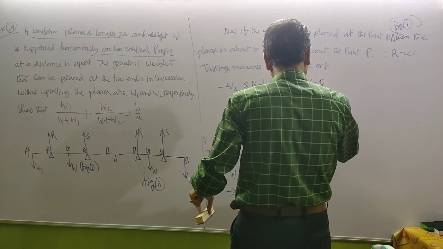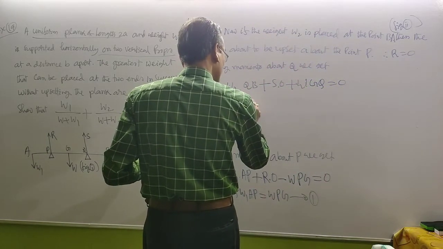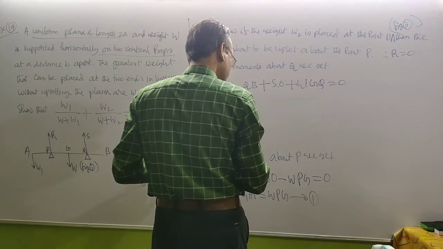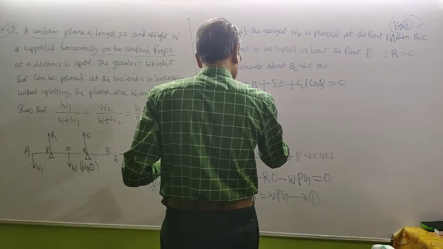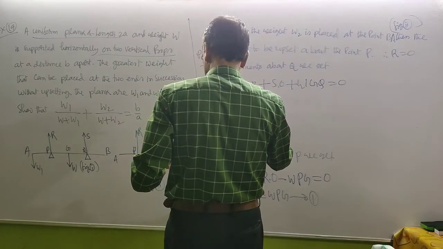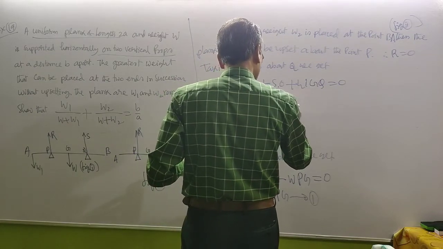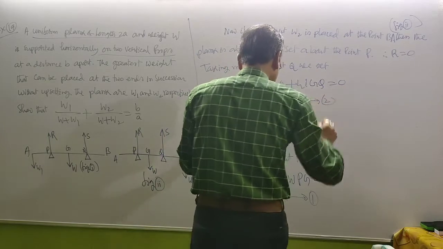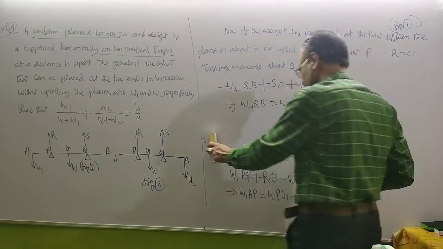This means W2 QB equal to W into GQ. Suppose this is number 2.